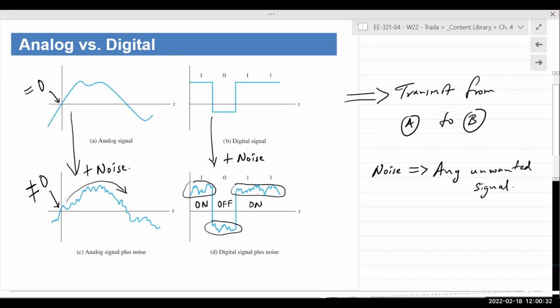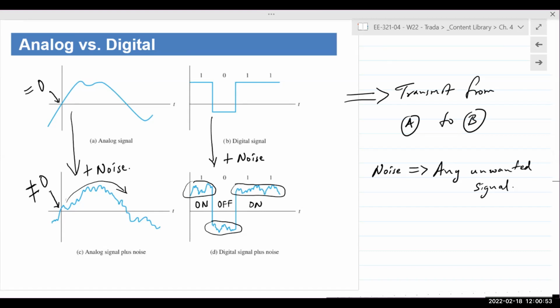So even though there is noise in there, the system recognizes what the output should look like. Okay, it recognizes the signal and it reproduces the output faithfully as similar to the input. And so that is one big advantage of digital signals versus analog.